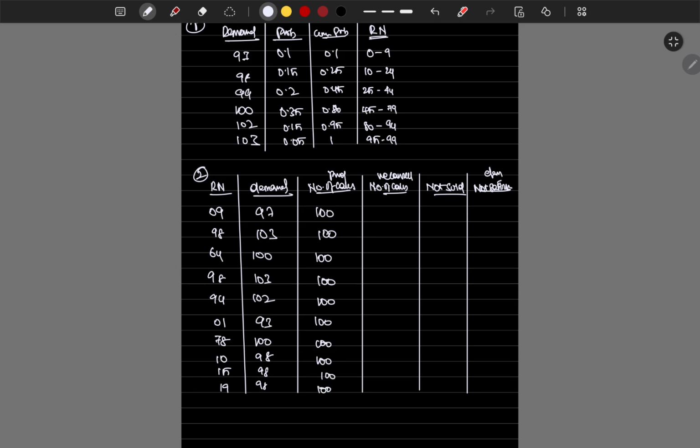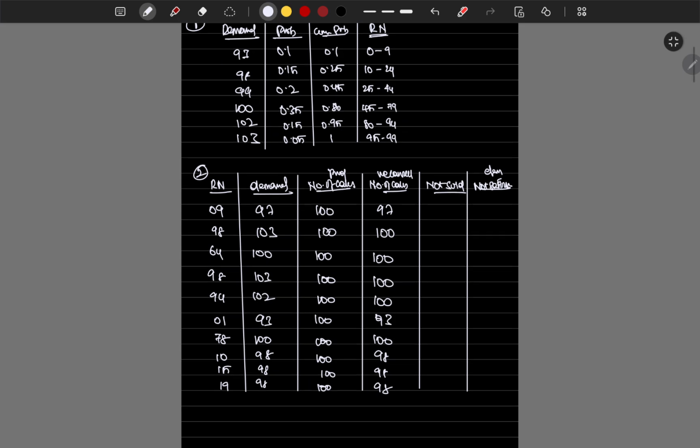What's the number of cakes we are selling? We can sell only up to the demand. Even though demand may be 101 or 103, we can sell only 100 cakes, because we are producing only 100. So the cap is 100, 100, 100, 100, 93 because demand is 93, 100, 98 because demand is 98.